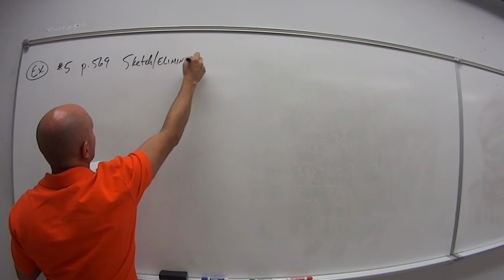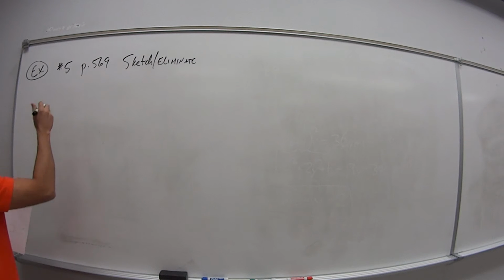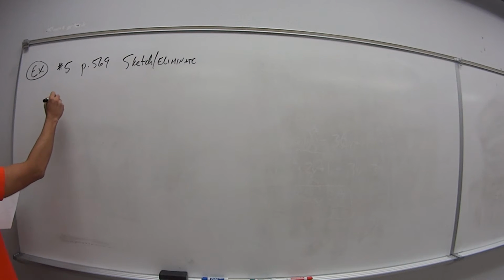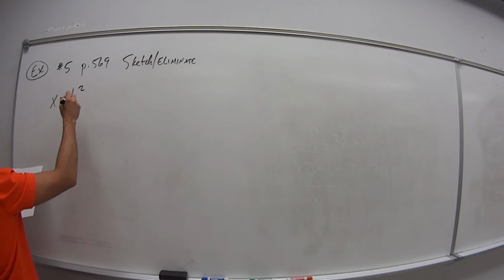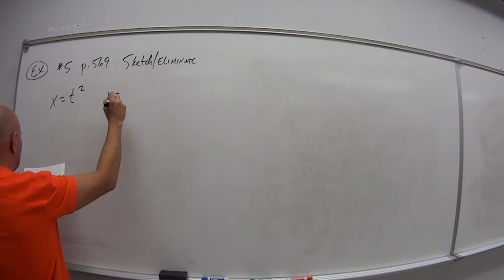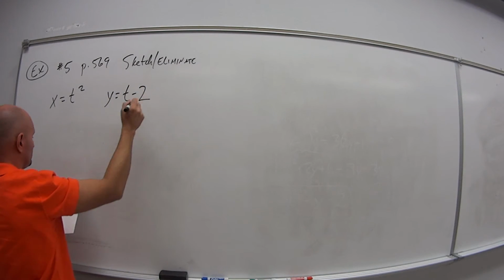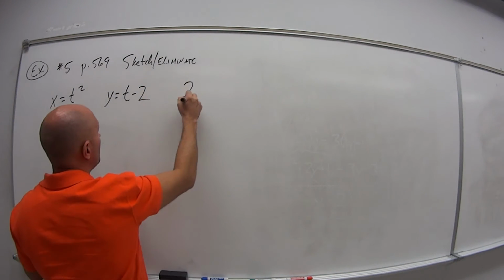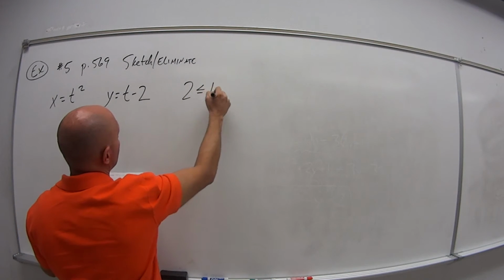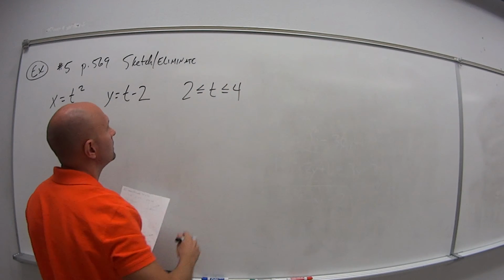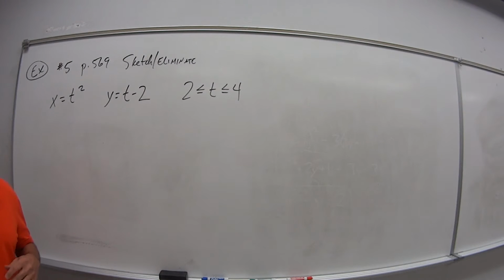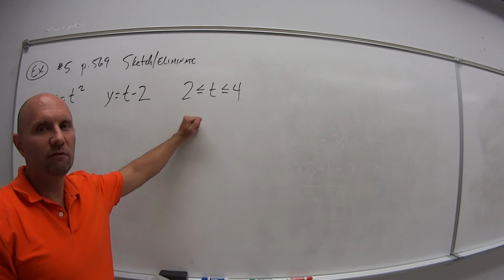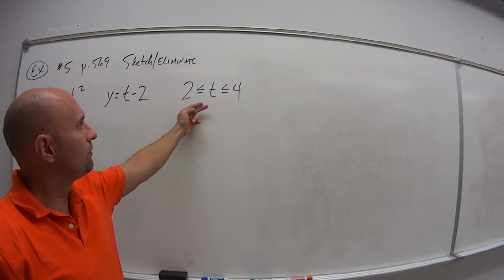So I'm not going to go through writing all that, but the parametric equations we're given are x is equal to t squared, y is equal to t minus 2, but now t is restricted between +2 and +4. So when we build our table, these are the only values we can use, 2, 3, 4.